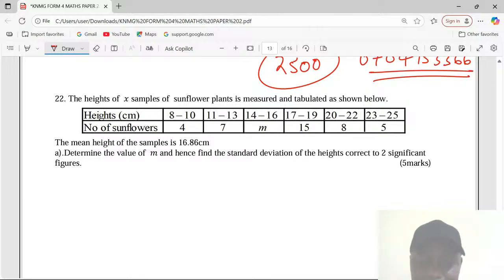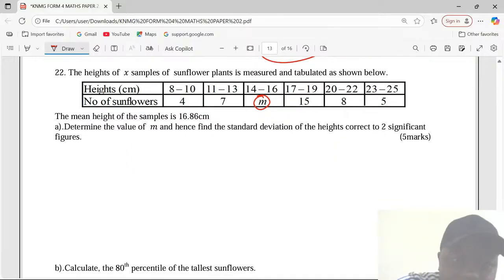We can see there is a missing value here, which is M. Because of the many quantities involved, I've already computed the values so that we may go very fast as I explain.